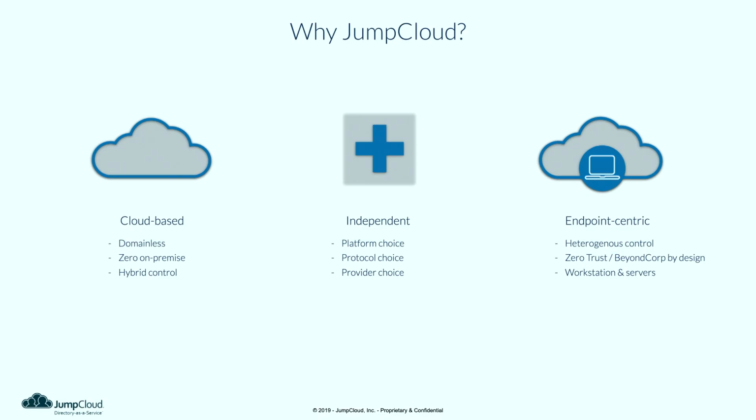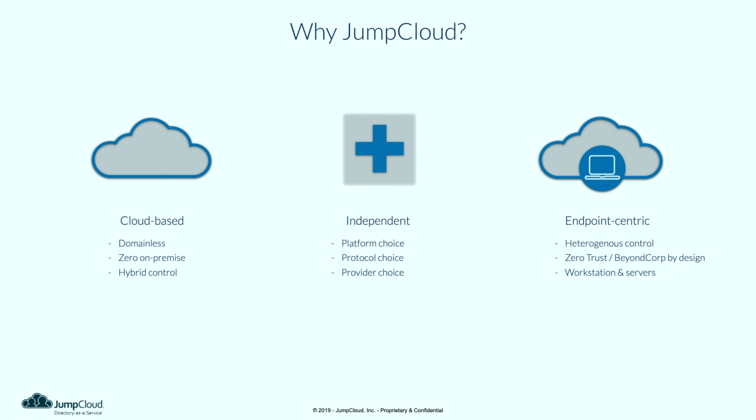JumpCloud is cloud-based, with no concept of a domain and a network-based perimeter that defines authentication. Instead, our agent, which can sit on Mac, Windows, and Linux, has a sole purpose of doing identity management, the real directory tasks on those machines.